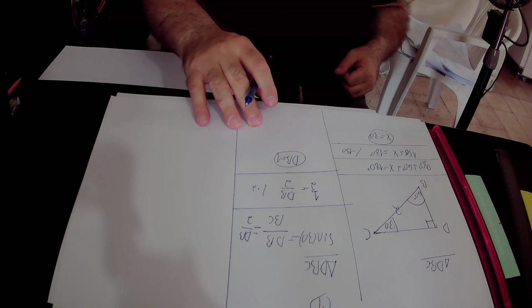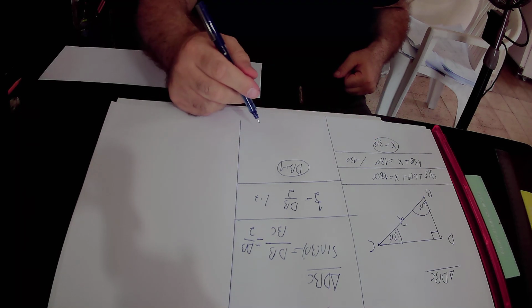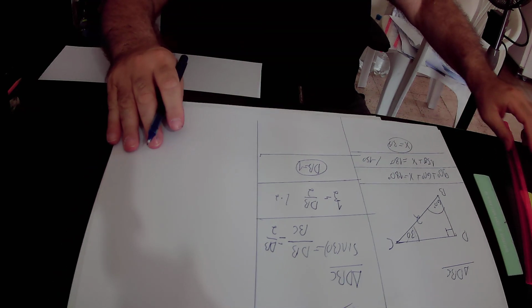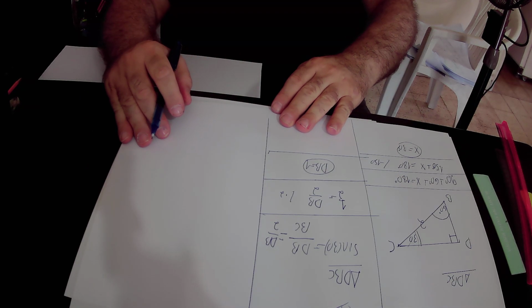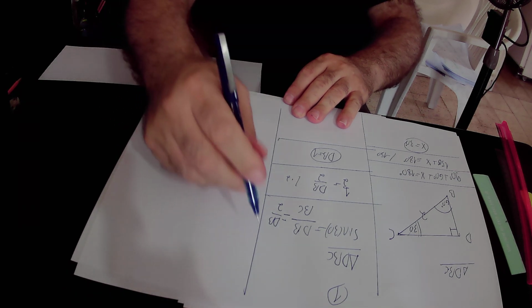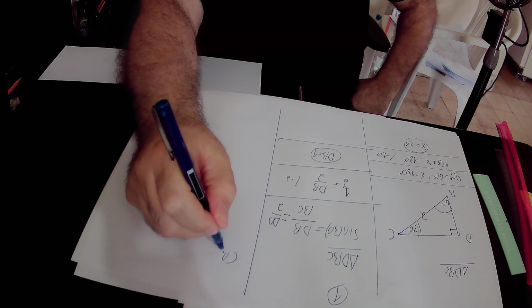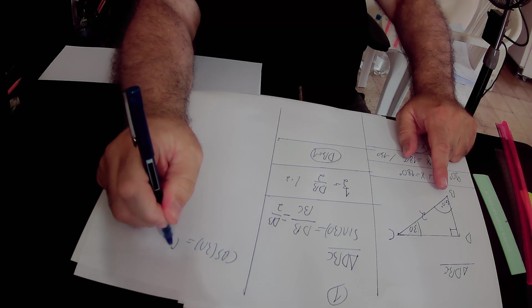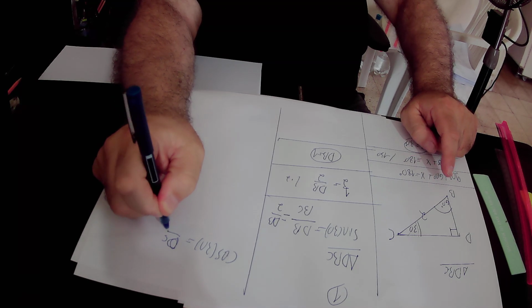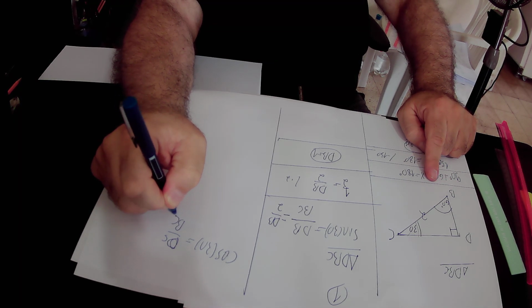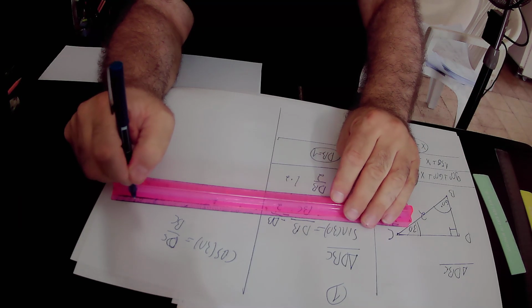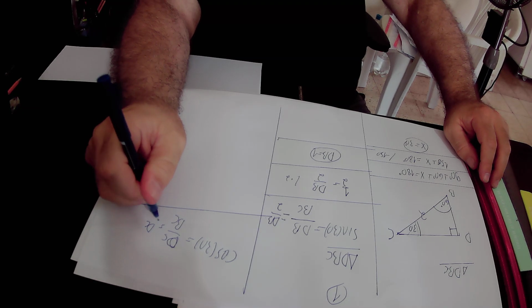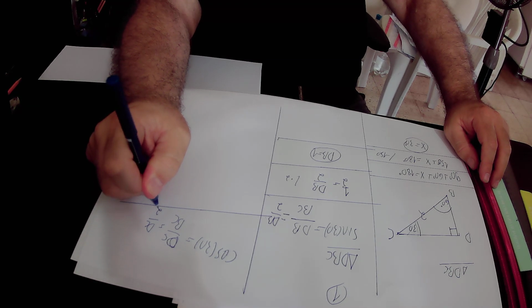We continue to focus on the right triangle DBC. In the right triangle DBC, cosine 30 degrees is equal to DC over BC, and BC is 2, so we substitute BC by 2.